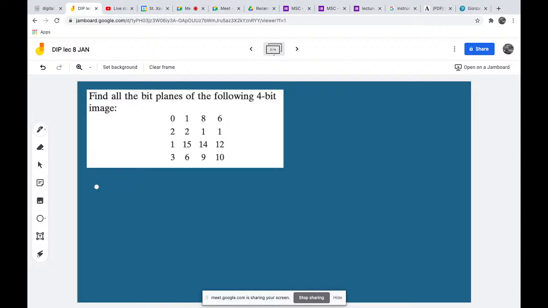How do you write 0 using the 4 bits? Can anyone tell me? Everybody should know that. 0, 0, 0, 0. Am I right? How do you write 1? Let me go ahead step by step. 0, 0, 0, 1.